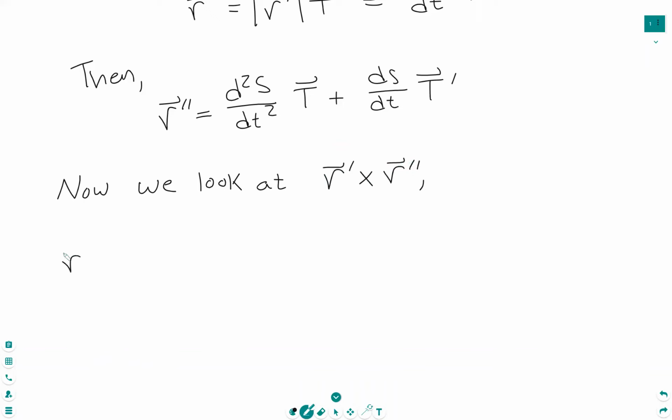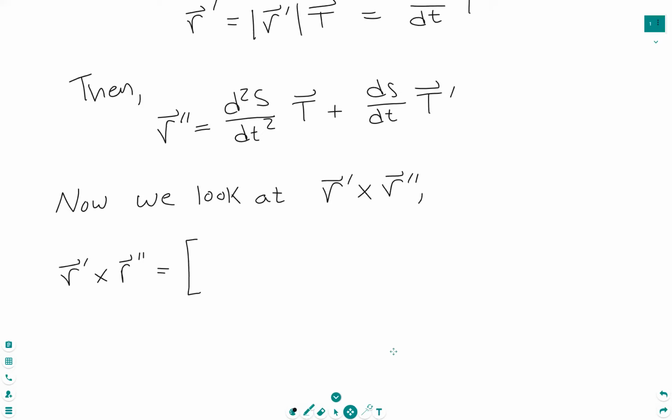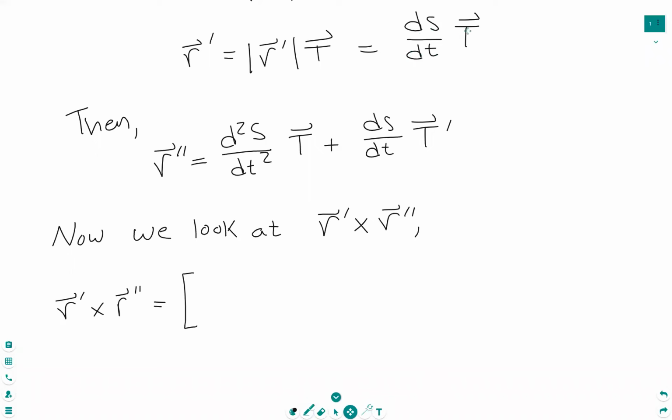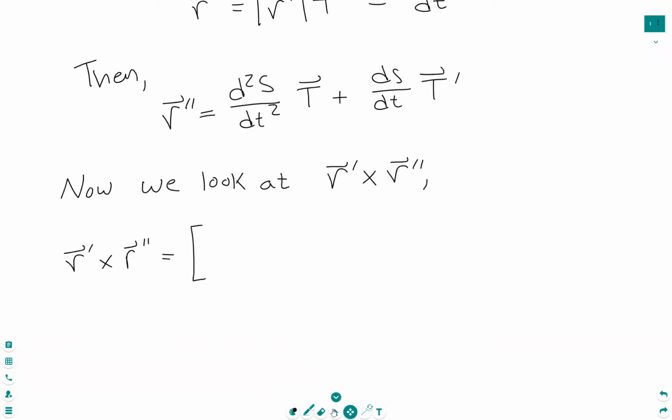So if I do r prime and I cross it with r double prime, because these are two terms here, what I can do is split it up. So I know that r prime is this ds/dt times our unit tangent, and our r double prime is this two-term right-hand side right here. So what I'm going to do is split up this cross product.